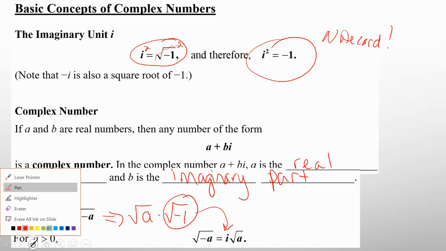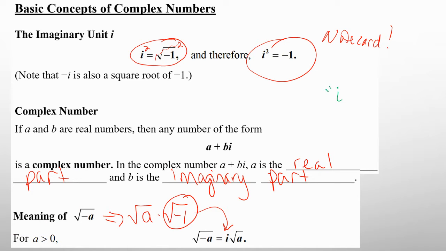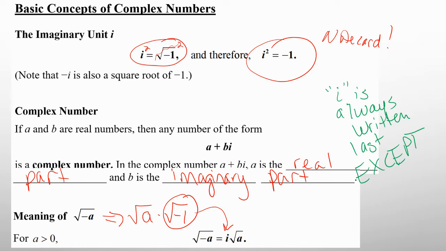Another thing to note is that i is always written last, except there's one exception: if there's still a radical in your answer.